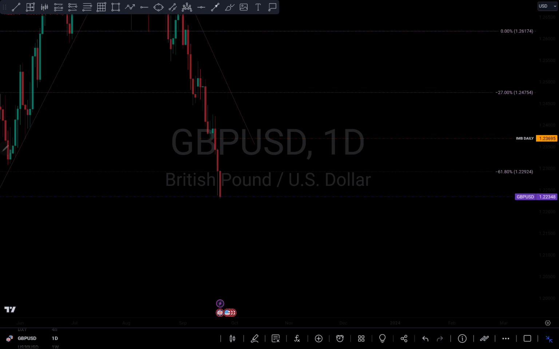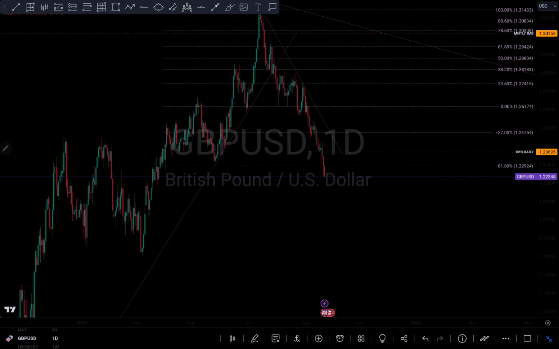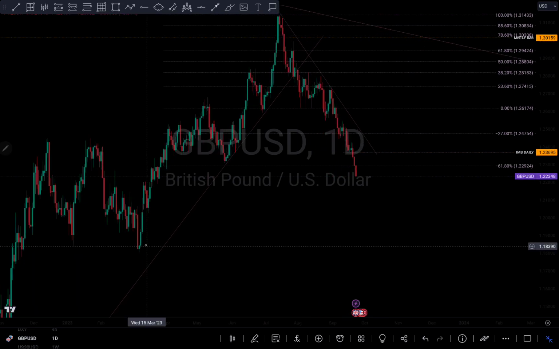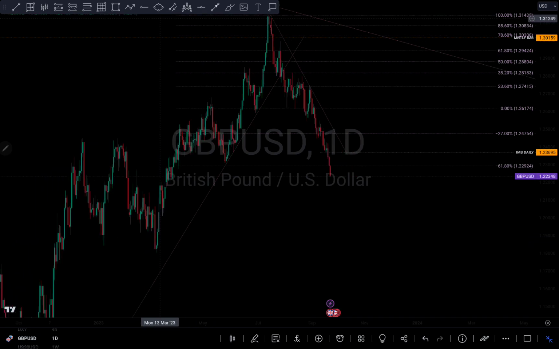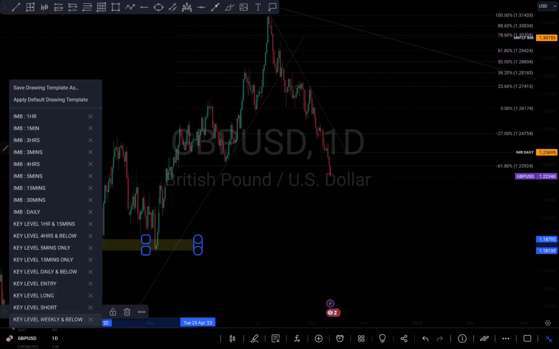So now there is nothing much to see. I can put a zone right here just to show us that if we're still going to continue to push to the downside, that is a possible zone to be at.